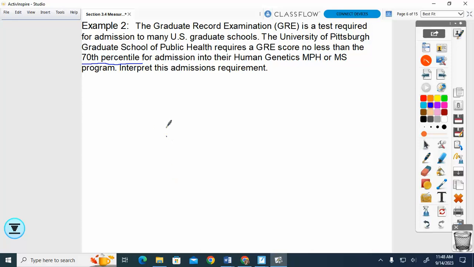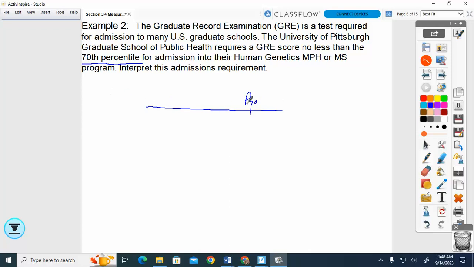Interpret this. Okay, so their score has to be no less than 70th percentile. What does that mean? Yeah. So you have to get a 70th percentile or higher to get in. Okay, here's the 70.